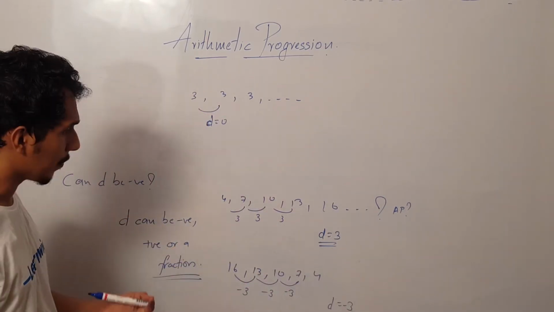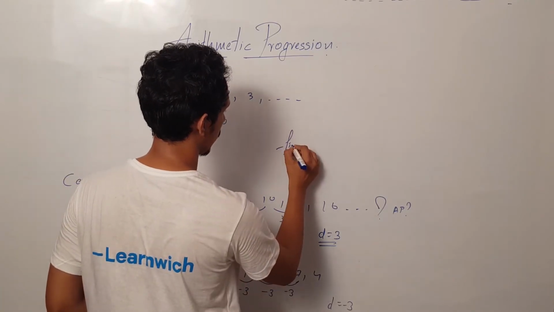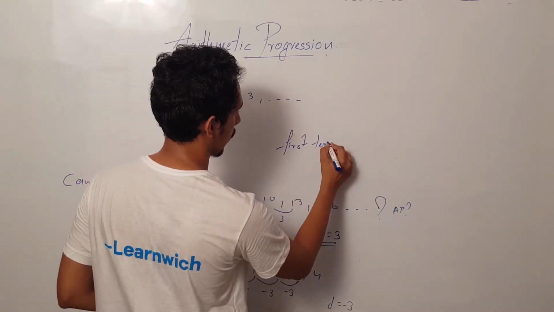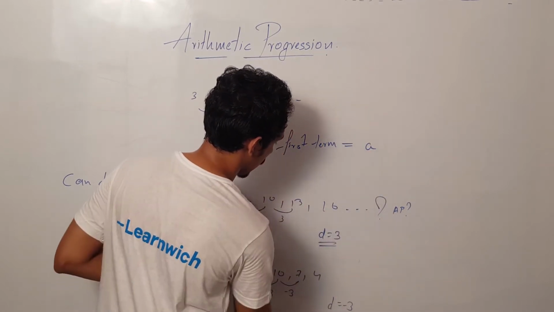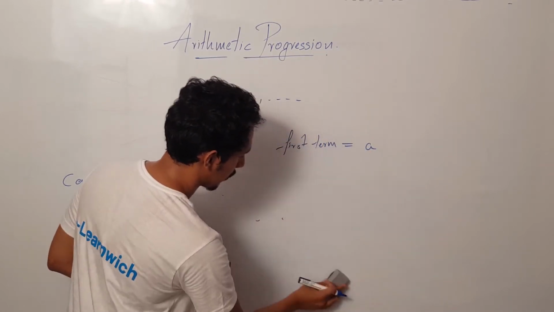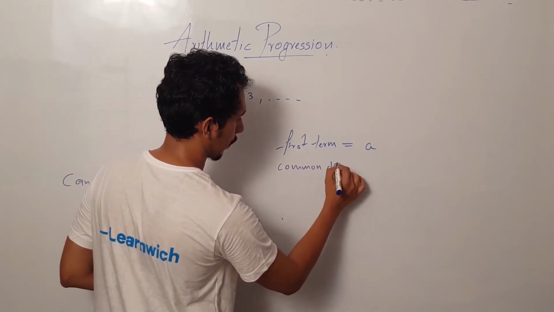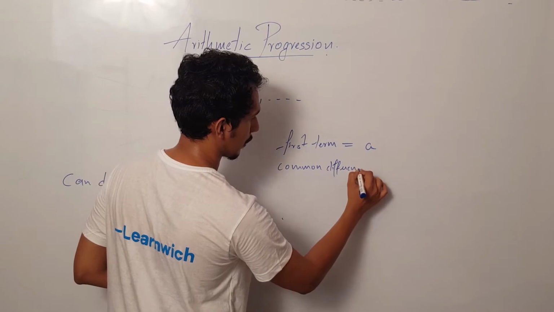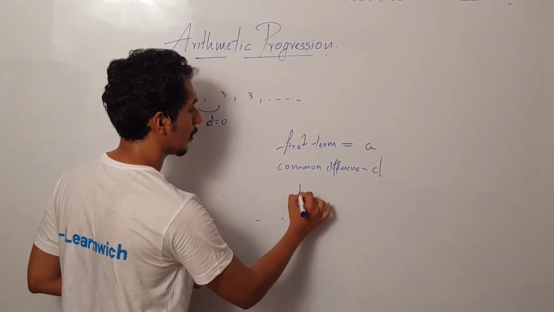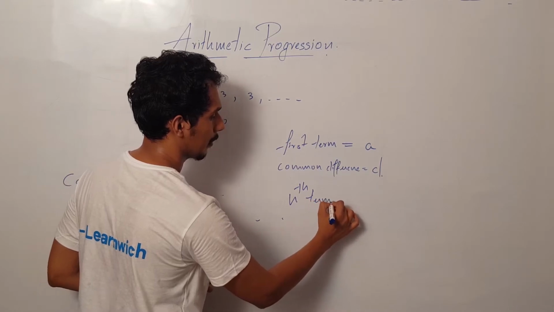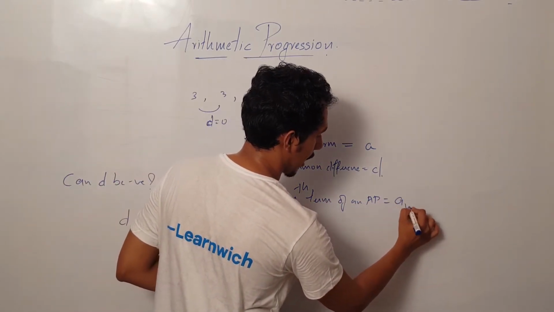So that's about AP. And the other important thing is the first term of an AP. The first term is written as A. The common difference is written as D. Then we have to find the nth term of an AP, that is written as AN.